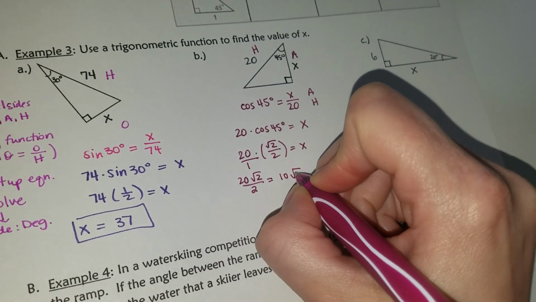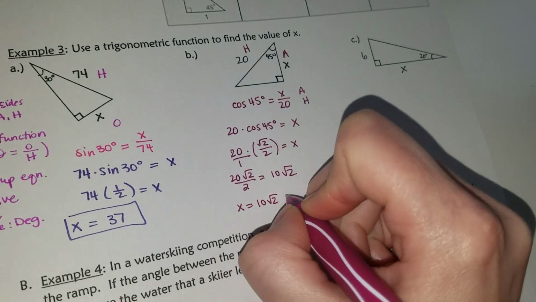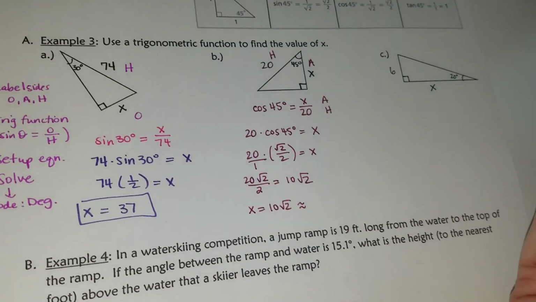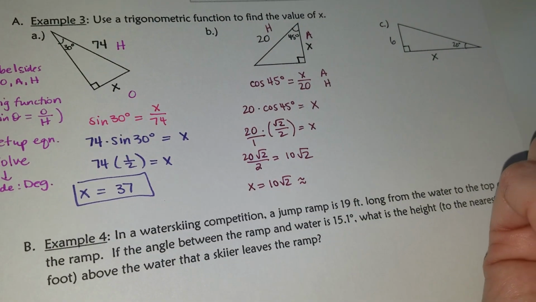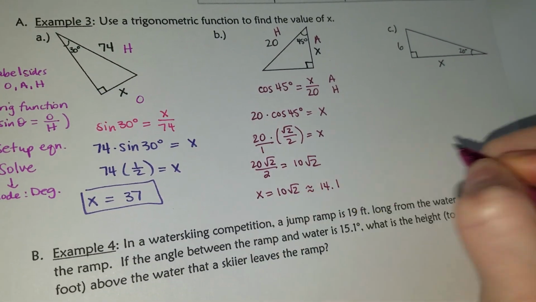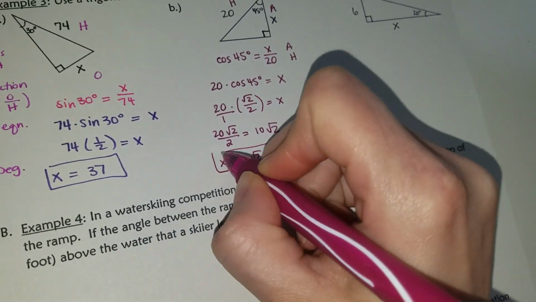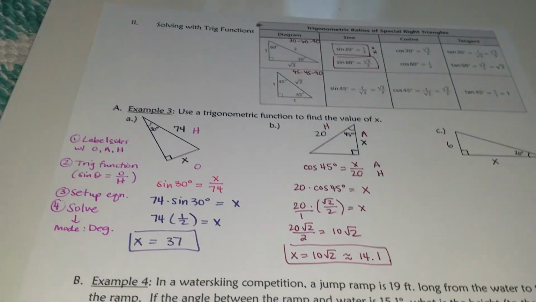So this would be 10 square root of 2. That would be your exact answer. And then if you used your calculator, you would get approximately 14.1. This doesn't have the units on it, so we're just going to leave it like that.